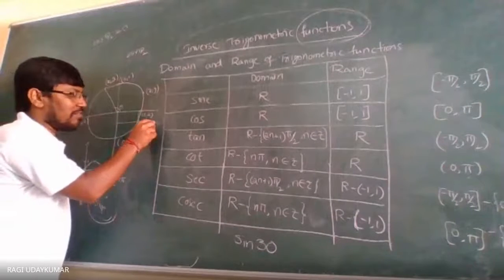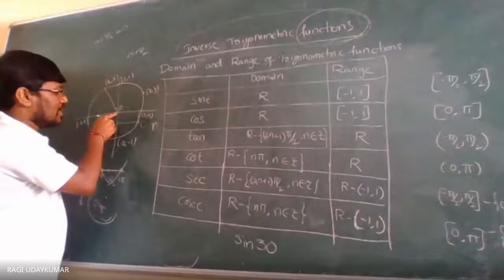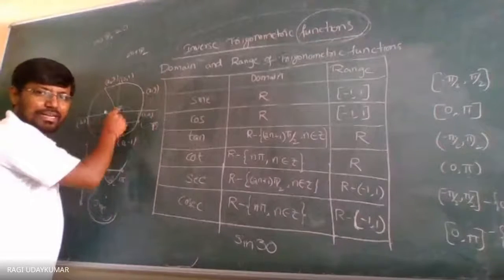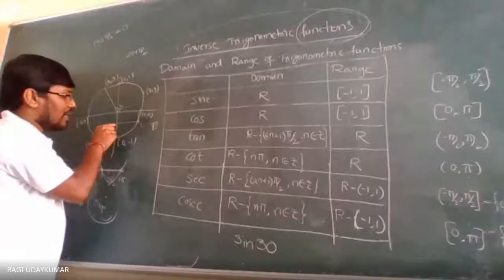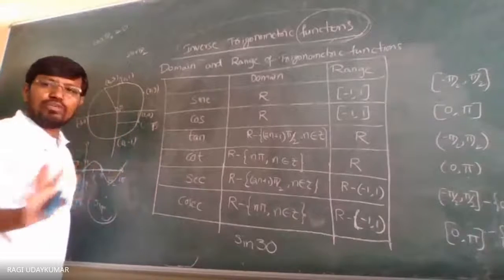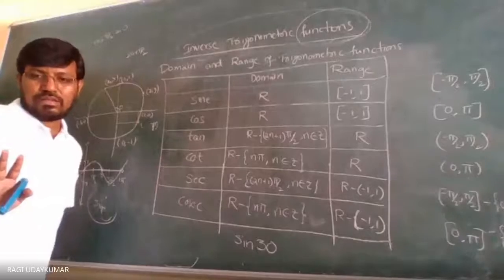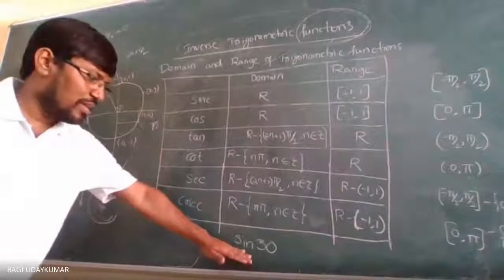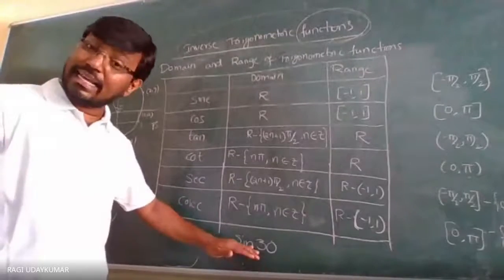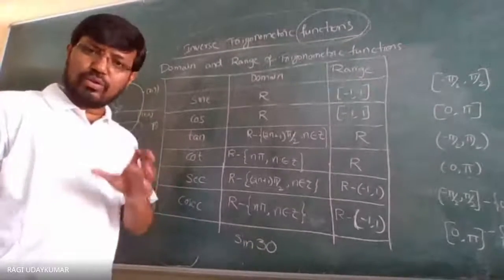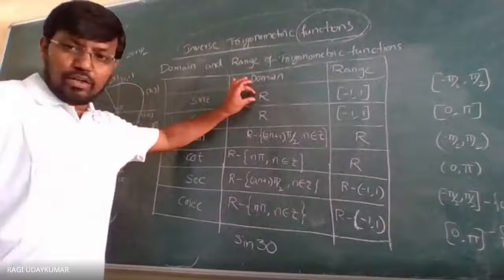So minus 0.5 you are getting. Suppose the radius is 1. So approximately you are getting half, meaning a negative value will be there. This value will be equal to some negative, sin 30 radians. So that is the main thing you need to remember.